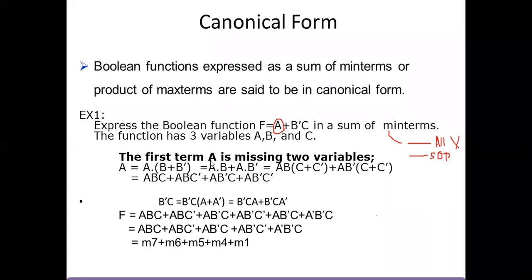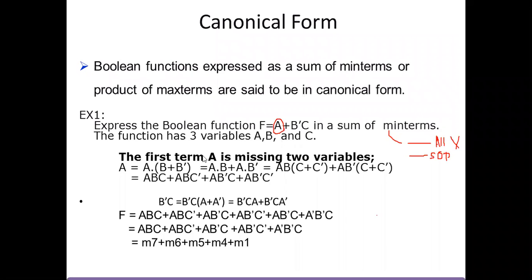Okay, in the first term, what are the variables missing? B and C. You have A there, B and C are missing. So we need to include those somehow in that term and make this expression a sum of products form. Okay, so that's our target.